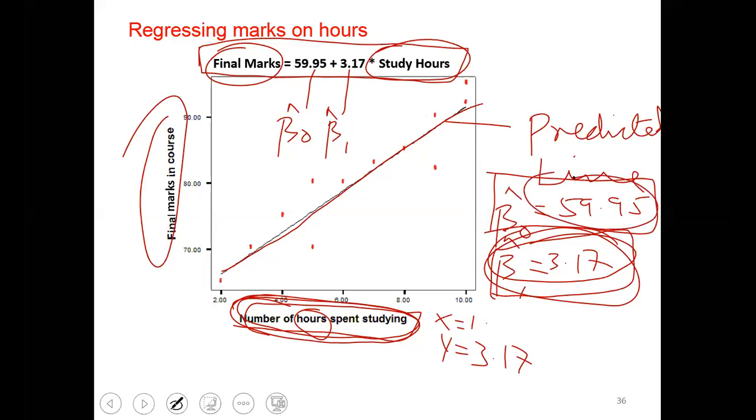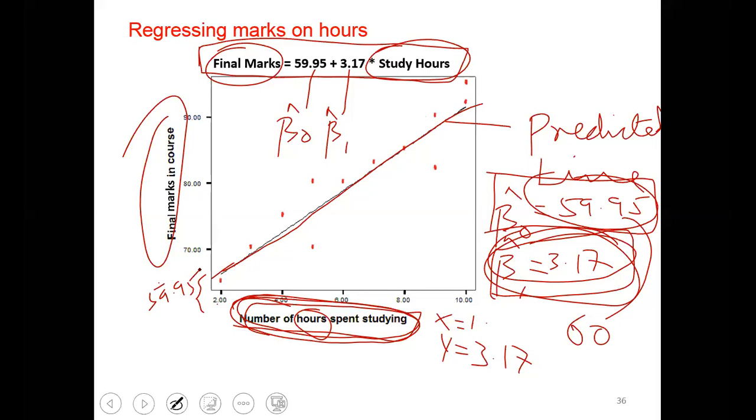That means 60 marks. You can get 60 marks even by attending the class without studying at home. Is it clear? It is the value 59.95. So that means without studying, you can get at least 60 marks on average.